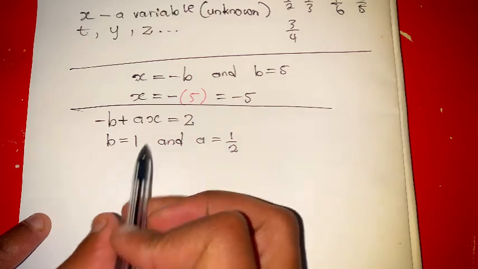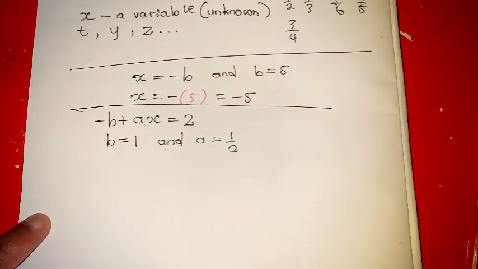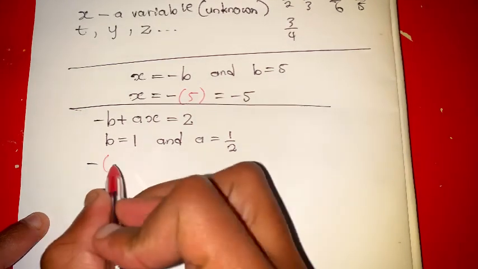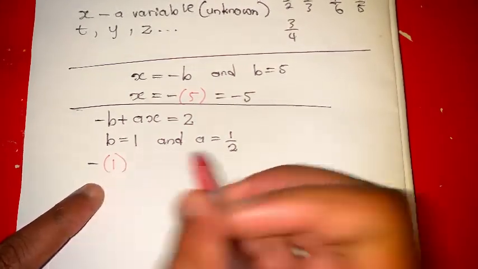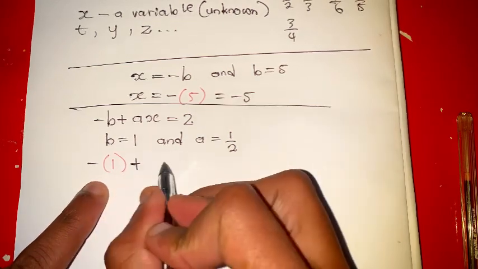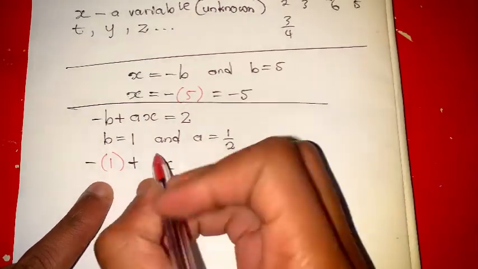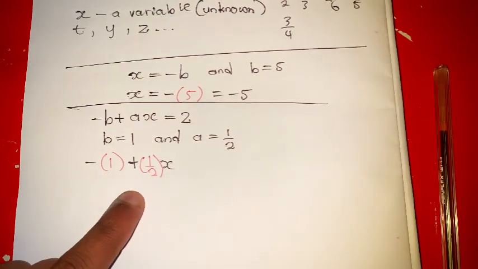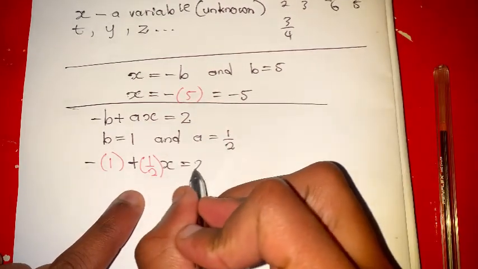So in this case, you have negative 1. So you substitute, whether it's b, you substitute 1. And you have also half. And you're given that this is equal to 2.